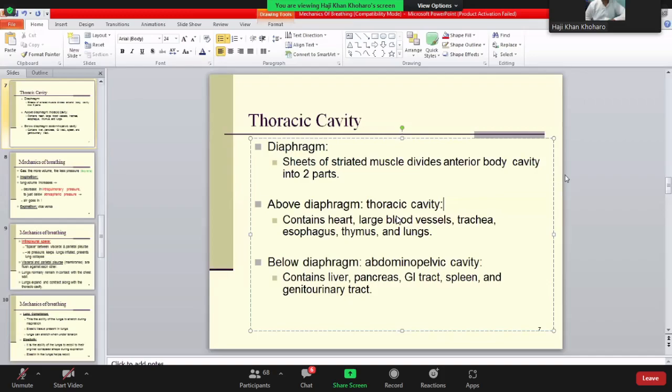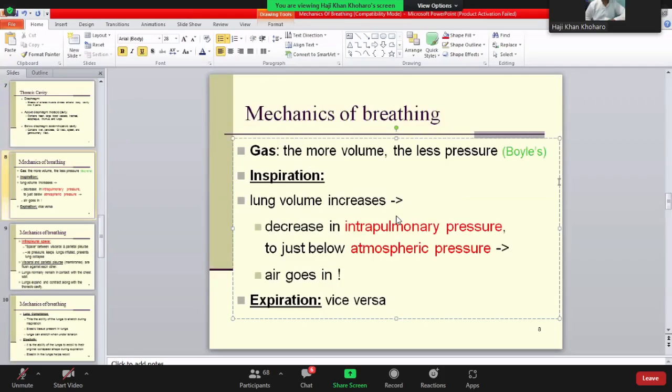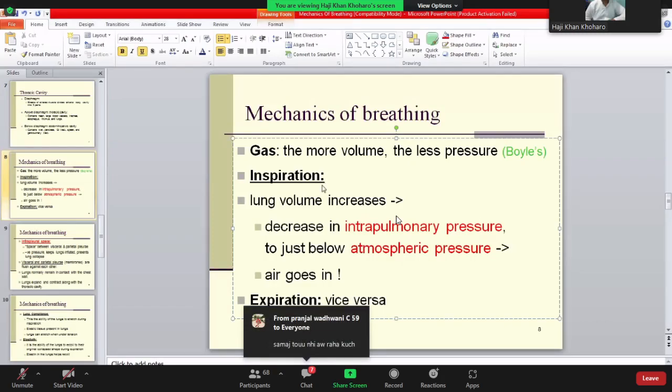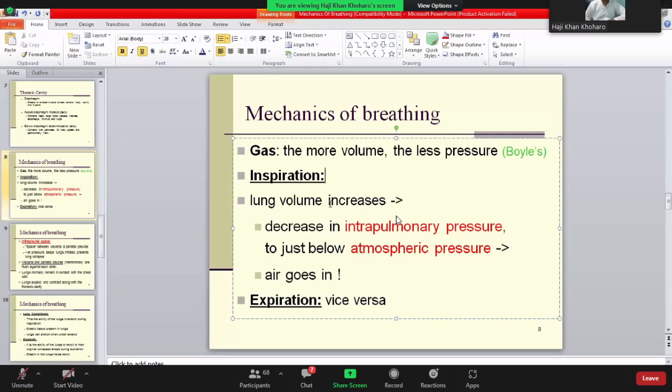According to Boyle's law, the more the volume, the less the pressure of a gas. What happens in inspiration? A decrease in intrapulmonary pressure occurs, and this intrapulmonary pressure is actually the intra-alveolar pressure.